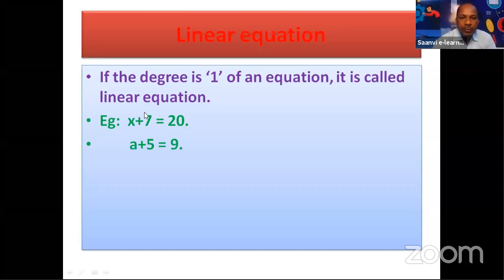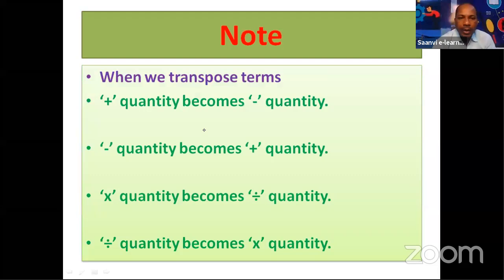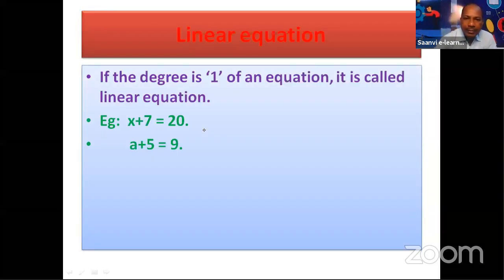Comparing these two powers, 1 is the highest, so the degree of this equation is 1. The next is a plus 5 is equal to 9. Here the power of a is 1 and the power of 5 is 0, so the degree of this equation is 1. In these two equations the degree is always 1, so these are called linear equations.